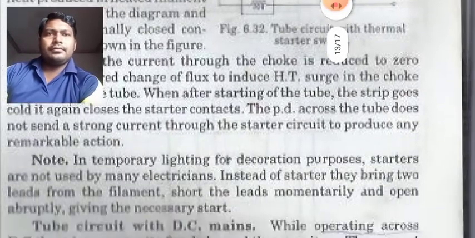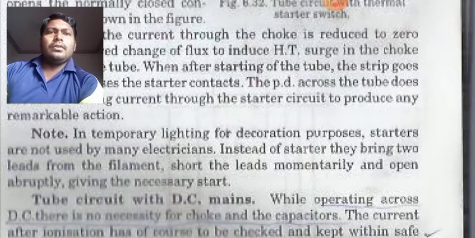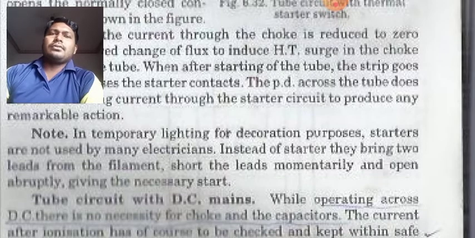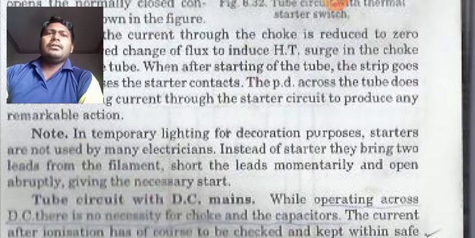The potential difference across the tube does not send a strong current through the starter circuit to produce any remarkable action. Now it is worth noting, students, that for temporary lighting for decoration purposes, starters are not used by many electricians. Instead of the starter, they bring two leads from the filament, short the leads momentarily, and open abruptly, giving the necessary start.